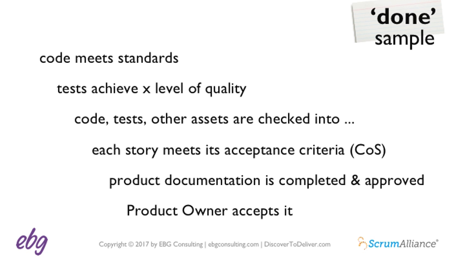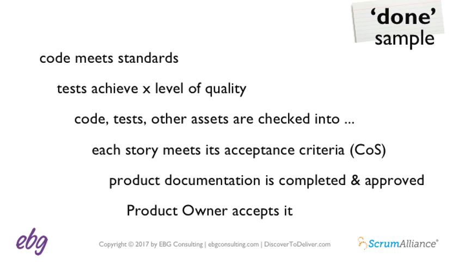Now, there could be other items that you would add. For example, some of the teams we work with have code review for high-risk areas of the code as a done criterion. And some of you may actually use different levels of done as you go through your sprints. So you may have sprints that layer subsequent levels of testing, integration testing for example, or layer quality attributes such as usability and response time, or layer in increasingly scaled platforms.